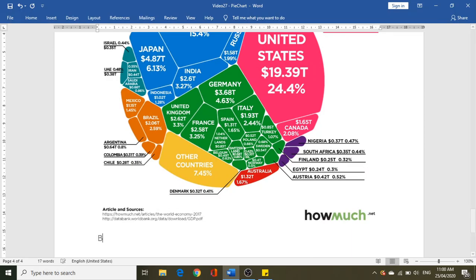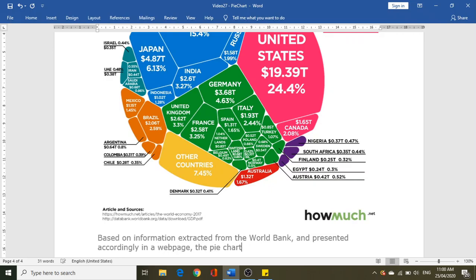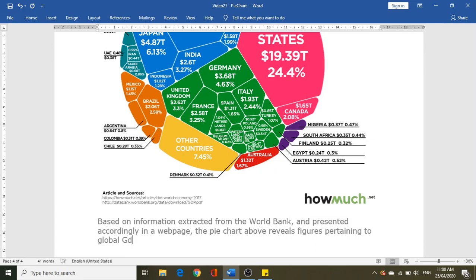This is the introduction. So based on information extracted from the World Bank and presented accordingly in a web page, the pie chart above reveals figures pertaining to global GDP in 2017.